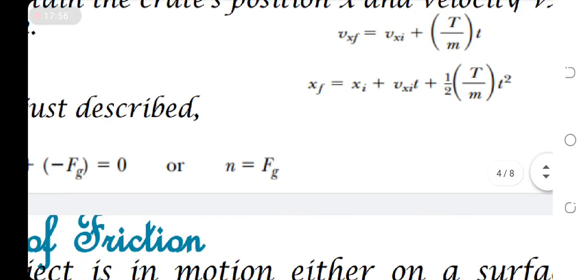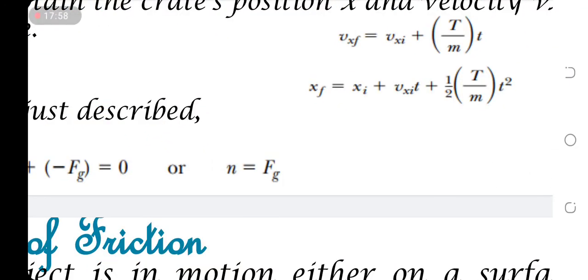For the position, we know xf equal to xi plus vxi t plus 1 by 2 ax t square. So just putting the value of ax, we get xf equal to xi plus vxi t plus 1 by 2 T over m t square.